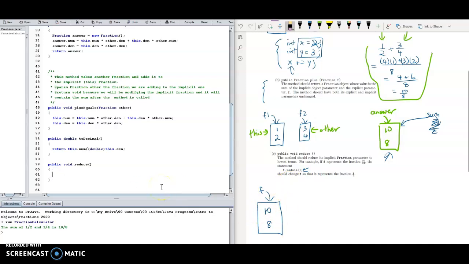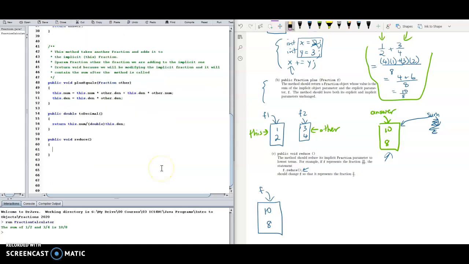So first, let's start with, now, of course, fractions can be negative. So you got to think about all these kind of strange cases, right? And if fractions are negative, so for example, you could have like a negative 3 over 2 or something like that. Well, that's already reduced, but that could mess with your algorithms. So what we're going to do is we're going to copy these into some variables.